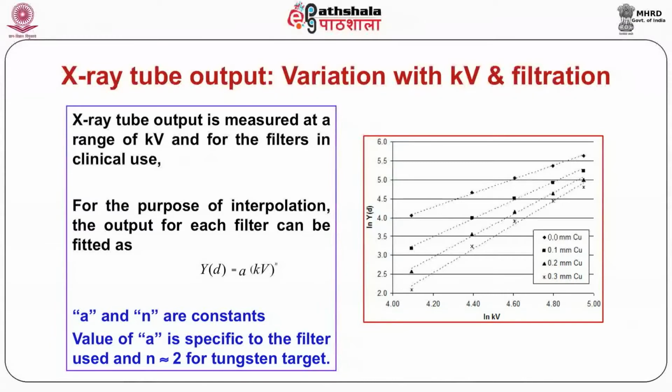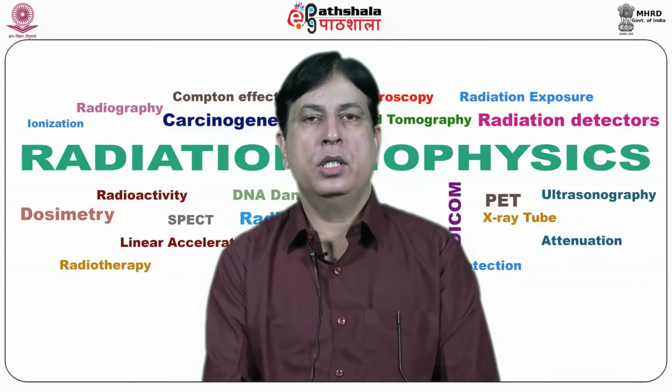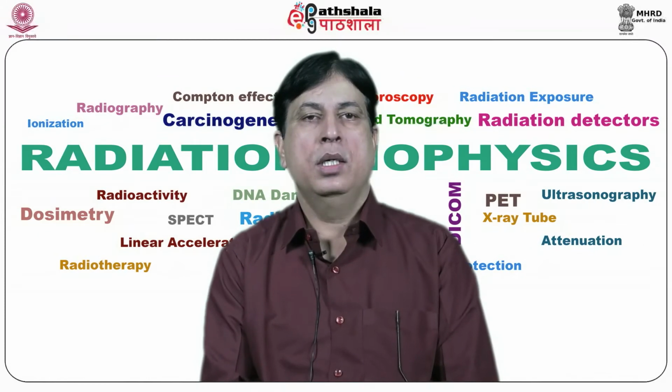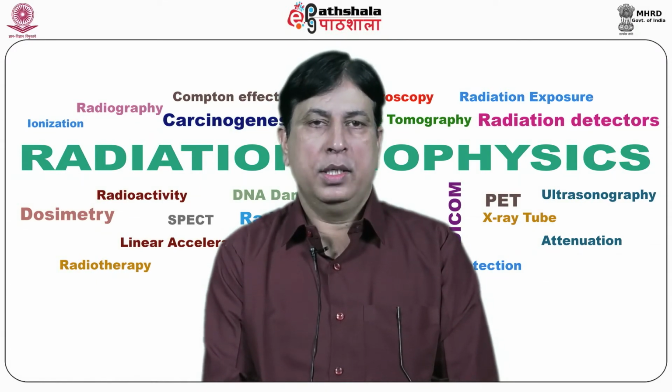So the curve contains the X-ray tube output versus kV of the X-ray beam for no filter, for 0.1 mm copper filter, 0.2 mm copper filter, and 0.3 mm copper filter. Variation of tube output with tube voltage for a tungsten target X-ray tube filtered with various thickness of copper was shown in the earlier figures.